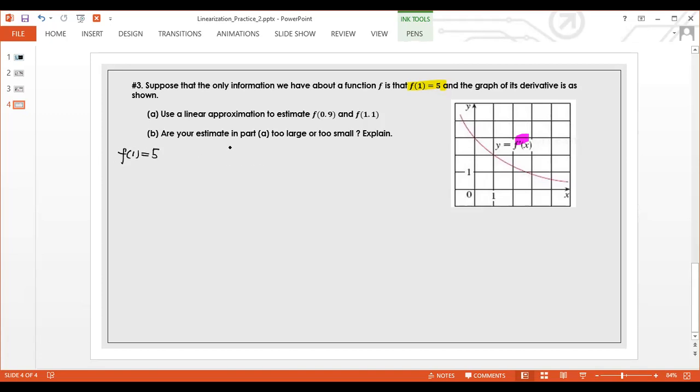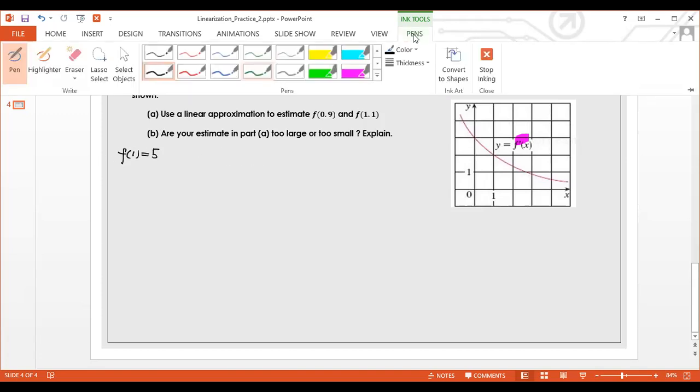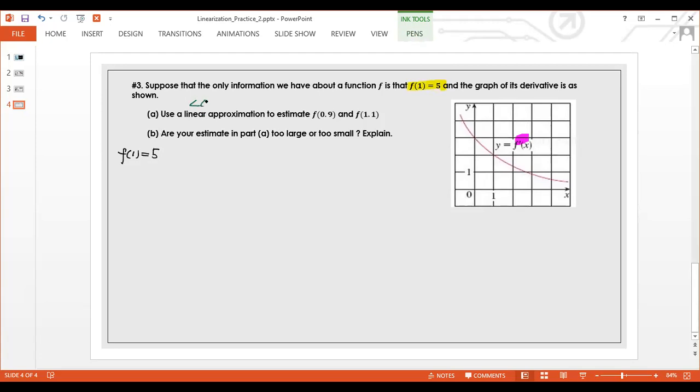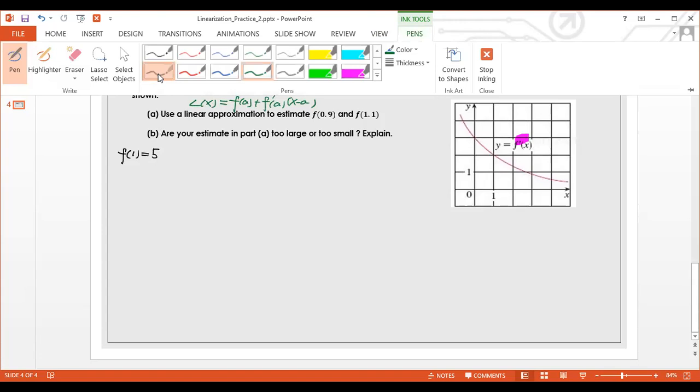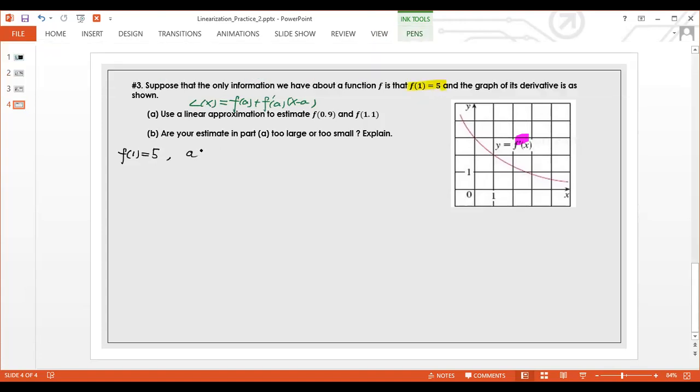Okay, so remember the linear, let me write it again. So the linear approximation is L(x) is f of a plus f prime of a times x minus a. So in here for this problem, I say, okay, that's good. So I can let a be equal to 1.